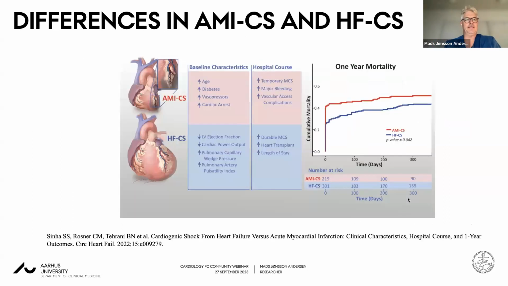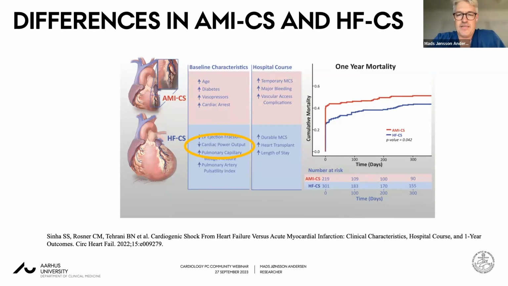Well, this is important because there's a difference in baseline characteristics and also a difference in the hospital course. These data are from a single center study that found that cardiogenic shock patients where the cardiogenic shock was associated with heart failure were younger, had lower ejection fraction, lower cardiac power output, but had better prognosis compared to cardiogenic shock associated with myocardial infarction.